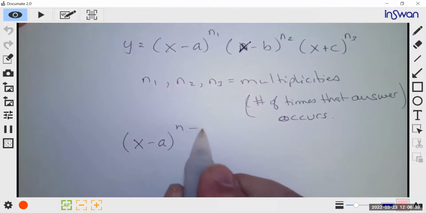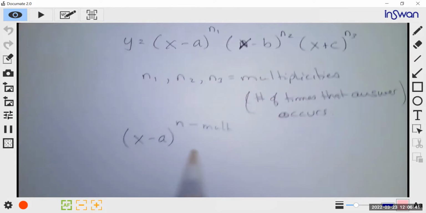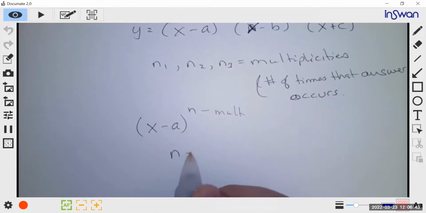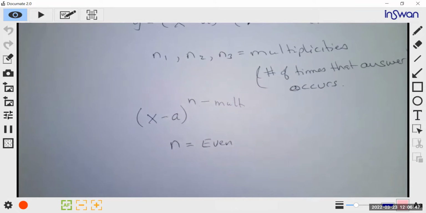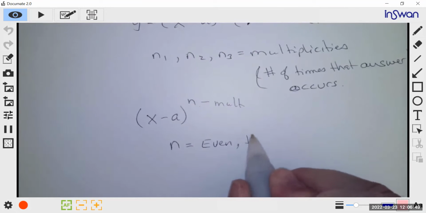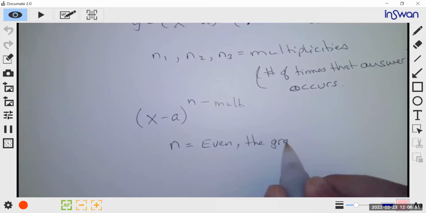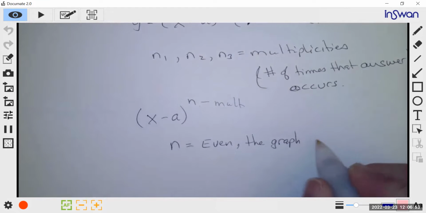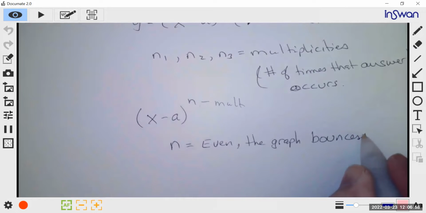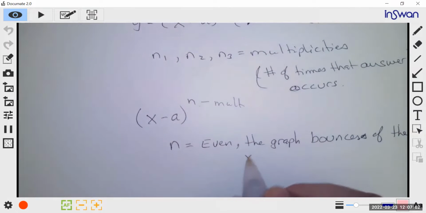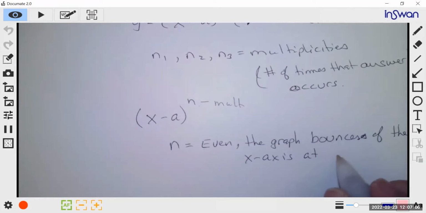For a multiplicity, if n is even, the graph bounces off the x-axis at x equals a, at the solution.